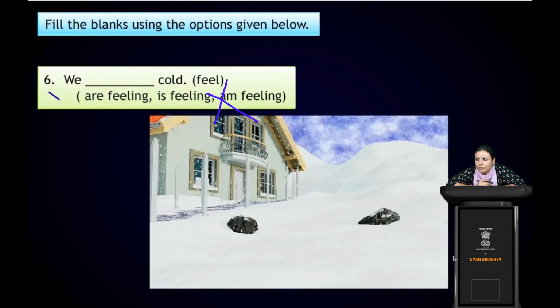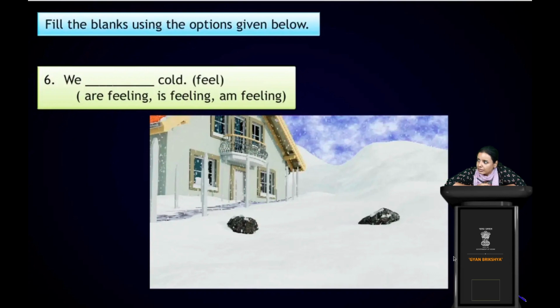So we cannot use am with we. Is is also not the answer, because it's not singular, it's plural. We indicates a few persons, so we are, right? We are feeling cold. Clear?